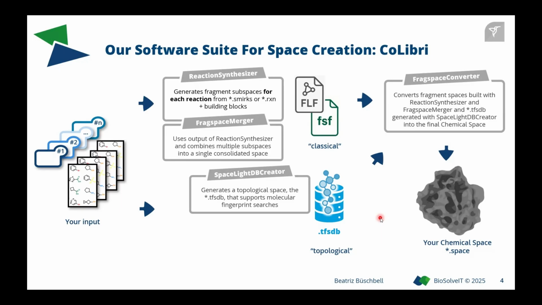Having made all this, in the end you have the frag space converter, which converts all the fragment spaces, so all these single little spaces in this consolidated classical space, together with the topological space file format, into your final chemical space. All of this leads to your .space file, which is a single file that can then be used either for chemical space docking or for the searches.